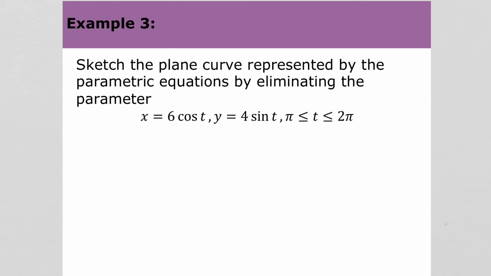So that could help us here because we would get rid of the sine and the cosine in that case. So let's take this and use the first equation and solve it for cosine. So if we solve this for cosine of t, then we'll divide by 6. And the second one, we're going to solve for sine, so we would divide y by 4.